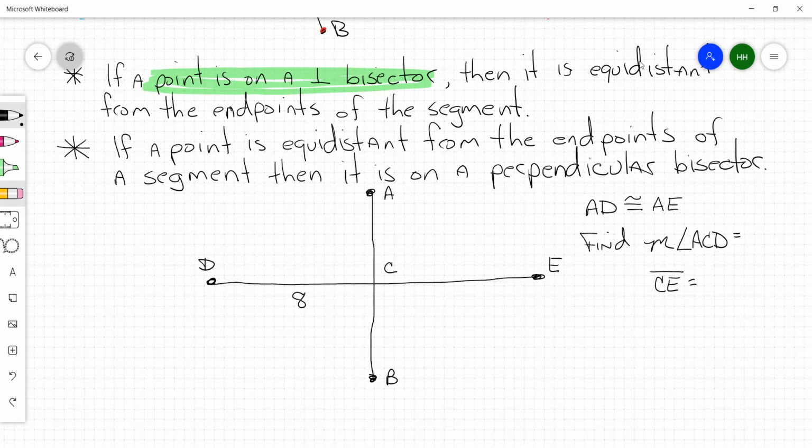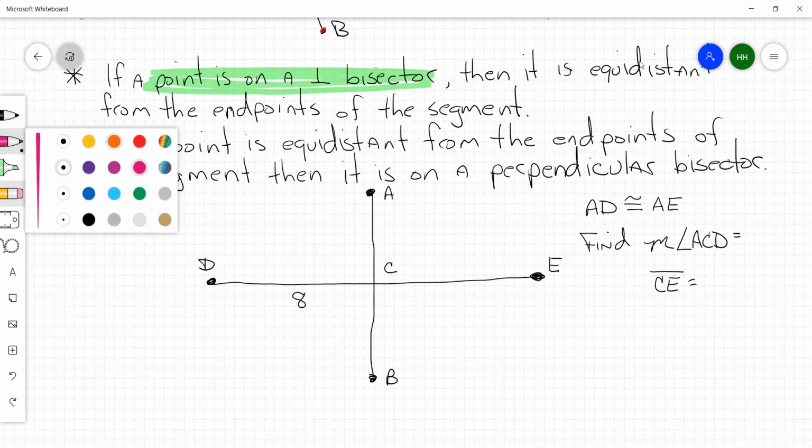A is equal distance, or AD, that distance is congruent to AE. That makes A equidistant from the endpoints of a segment, doesn't it? What do we know about angle ACD? It's a right angle, isn't it?